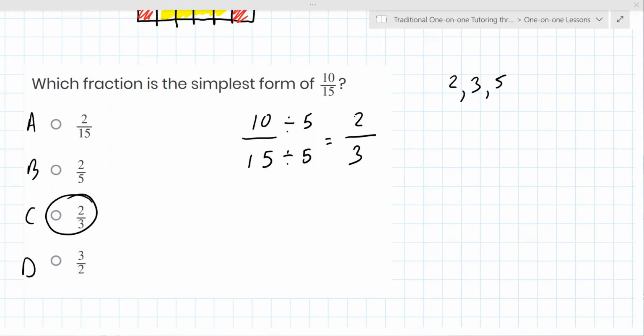Sorry, it's just clicking through a few more questions. Okay, so the first thing, something new here that I'm seeing is you're converting mixed numbers into improper fractions.